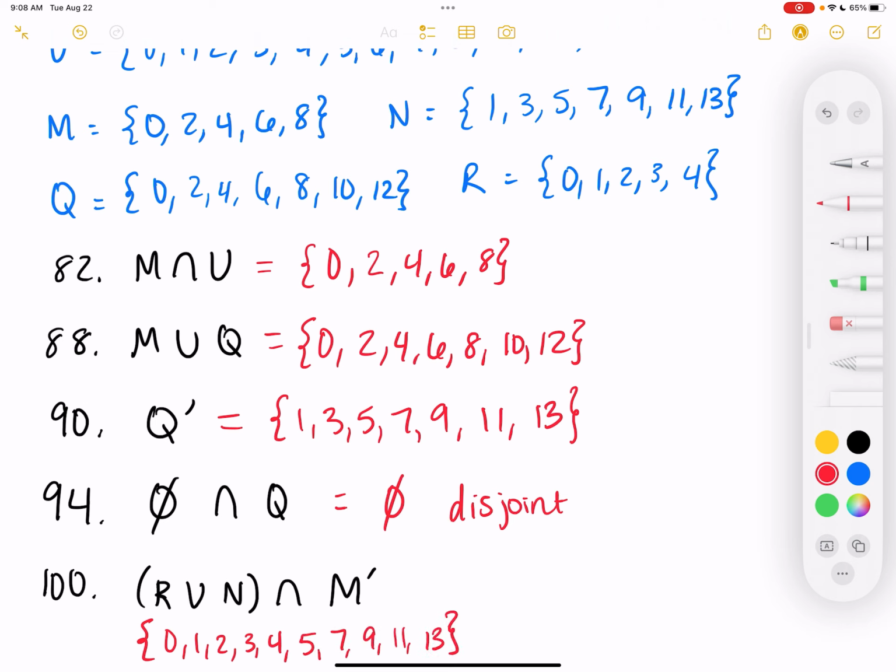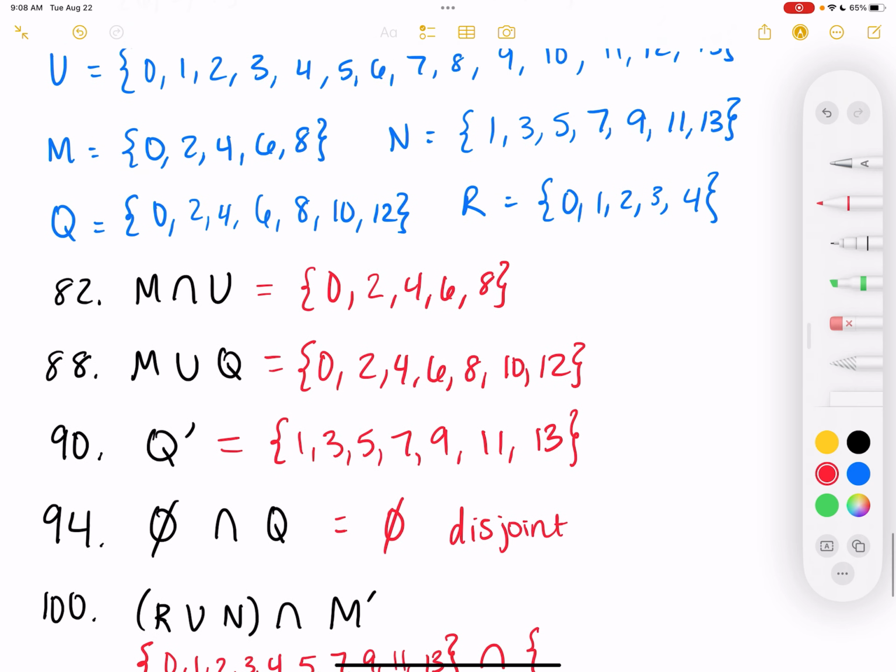Yes. So then that's going to be intersected with, what would the complement of M be? Complement means what? Everything that's missing. So what is missing from M that's in the universal set?